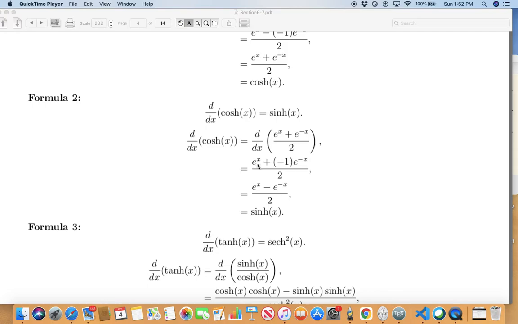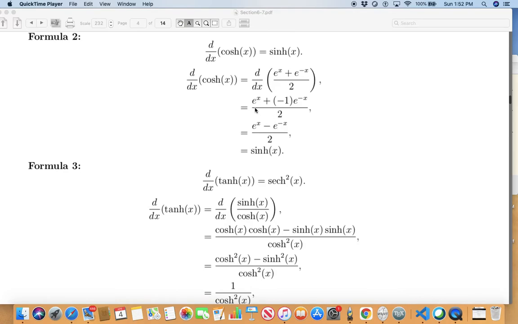So e raised to x derivative is e raised to x, plus the derivative of e raised to negative x, which is negative 1 times e raised to negative x. So that fetches me (e raised to x minus e raised to negative x) the whole over 2. This is sine hyperbolic x.